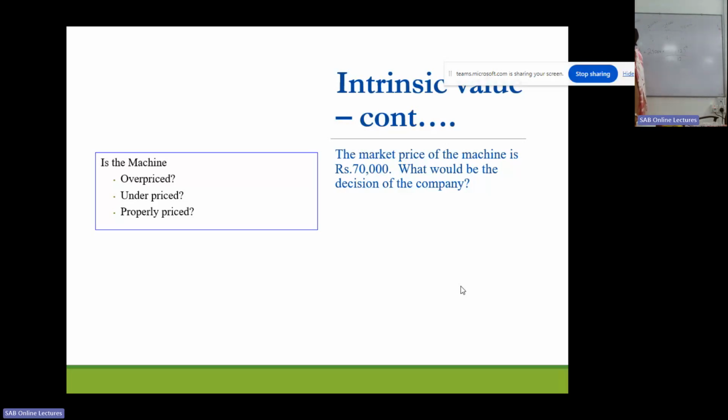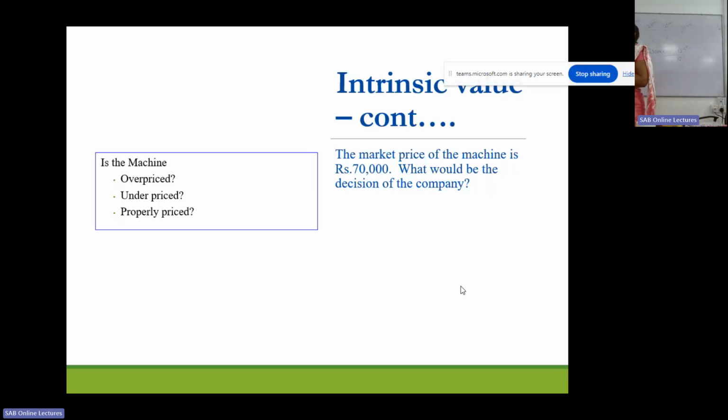When we invest in the stock market, we now talk about security valuation related to the stock market. If the market price and the intrinsic value are equal, we call it fair price. The market is at fair price, which means the market is well efficient.